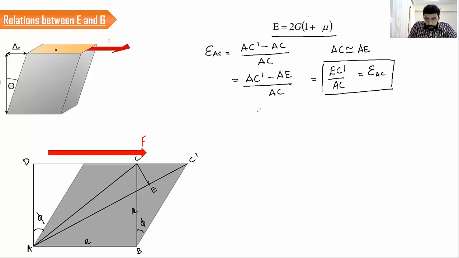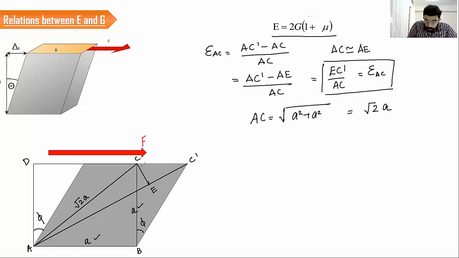You consider the diagonal AC. How can we calculate the value of AC using these two values of a, which is nothing but the root of a square plus a square? That is going to be equal to root 2 a. So the value of AC is nothing but root 2 a.